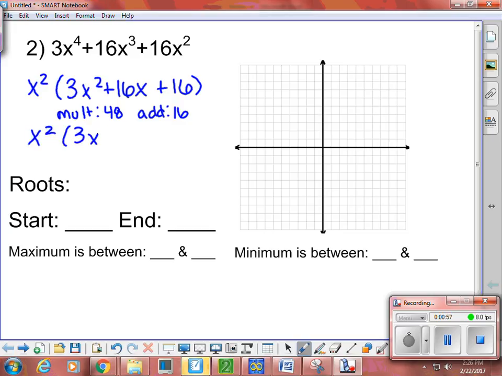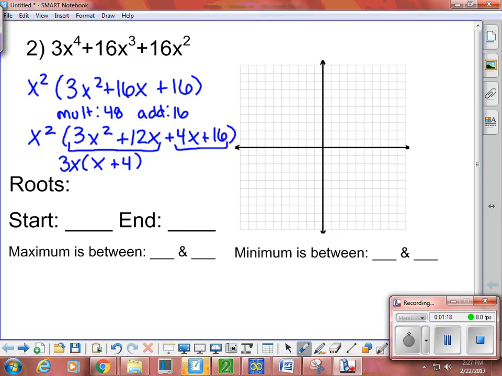The 3x squared is going to stay, plus 12x plus 4x plus 16. So then I'm taking my greatest common factors. Well, the thing that divides 3x squared and 12x is going to be 3x. Left from that would be x plus 4. The greatest common factor of this is a positive 4, and I get x plus 4 left.